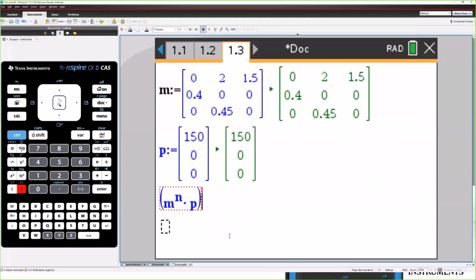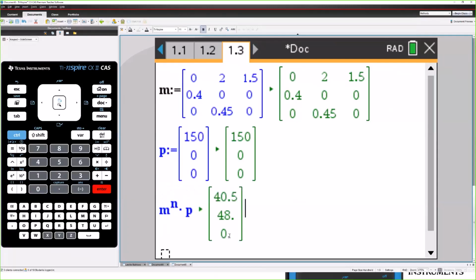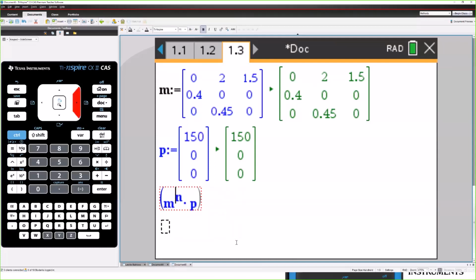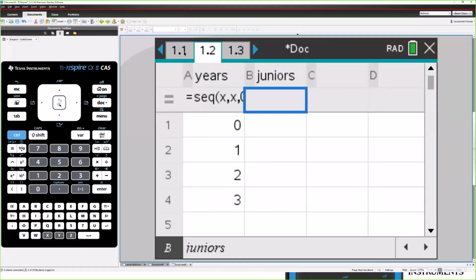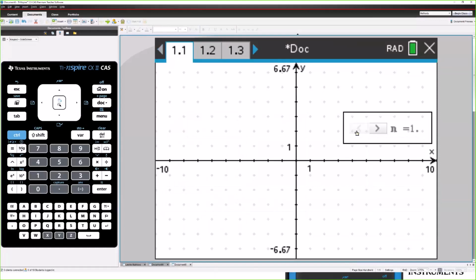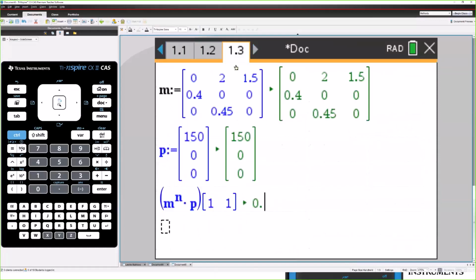So now that calculation is still a matrix. You notice it's dropped the brackets off. It says you don't need them, but I need it to do the calculation first. And then if I'm after the junior population, I want the first row, first column, and there it is, 40.5. Let's go back to here. So if I spin that back to 1 year, we shouldn't have any juniors around. We haven't. So that's how the whole thing is working in here.